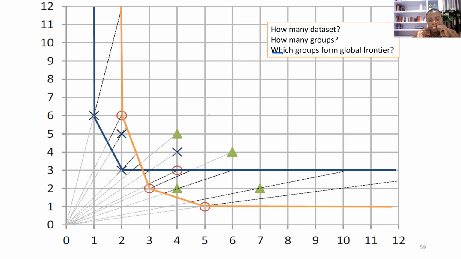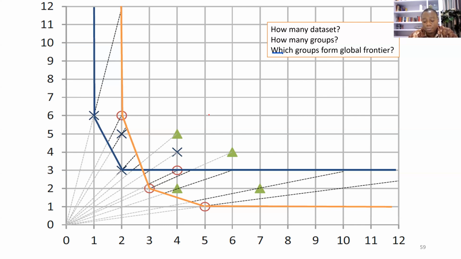Is it possible that there is a way you can leave the blue frontier out and then draw another frontier with the triangles? Yes. I was just comparing the circles and then the stars. That's why I drew those. Okay. I could compare the circles and the triangle, and that means I can draw it.